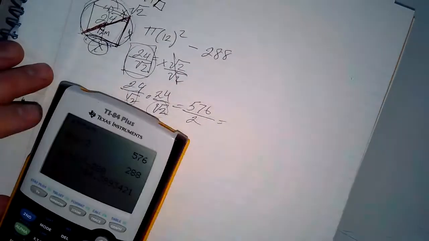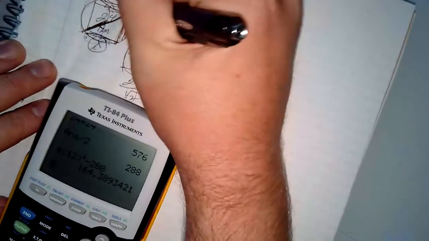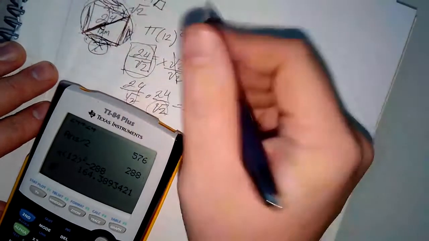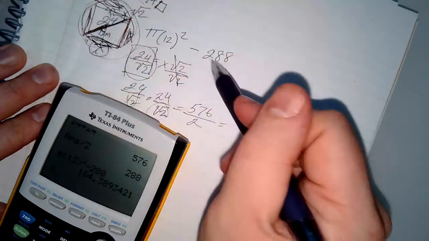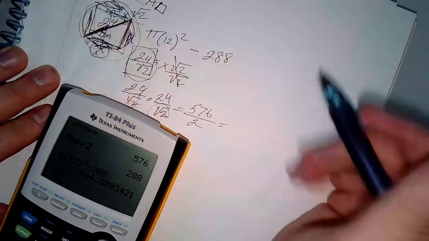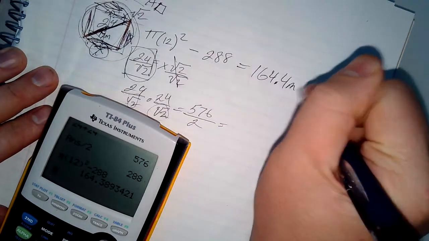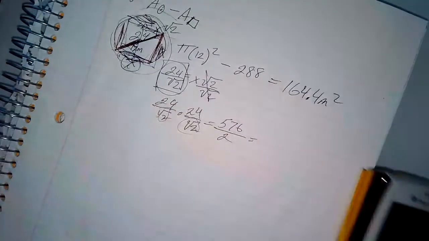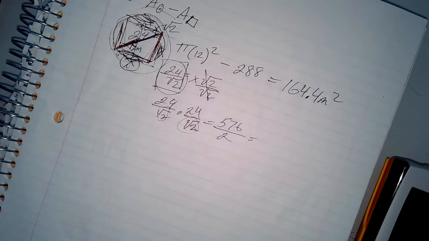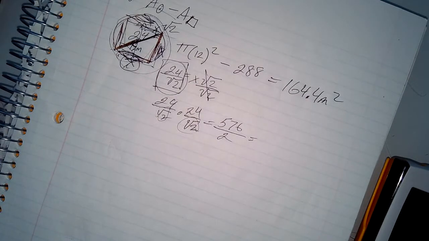So the total area of the shaded region is the area of the circle minus the square that's been cut out on the inside, which is 164.4 meters squared. You do the same thing for the area of the triangle. We know that it's an equilateral triangle because all sides must be equal to fit inside of a circle.